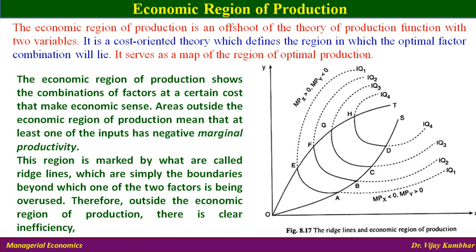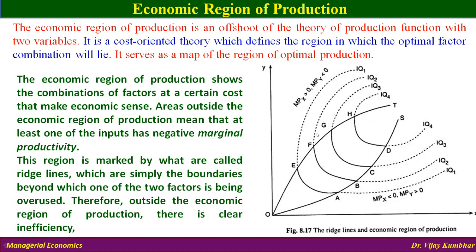Areas outside the economic region of production mean that at least one of the inputs has negative marginal productivity. This is the part which is indicated in the dotted line. It is outside of the economic region. Definitely we can produce at this particular point, but it is not in the economic region.